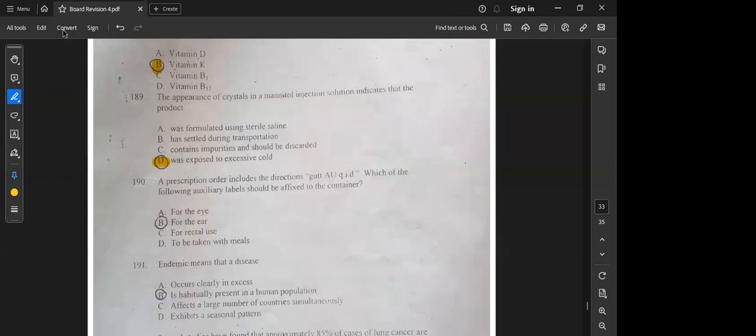Can you guys hear me, or am I breaking up? Okay. I think we can send a picture of all these prescription instructions. I think that would be easier.